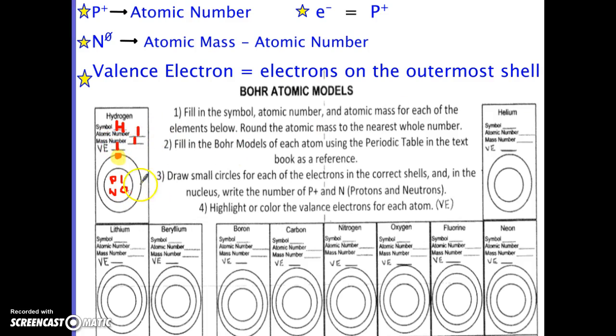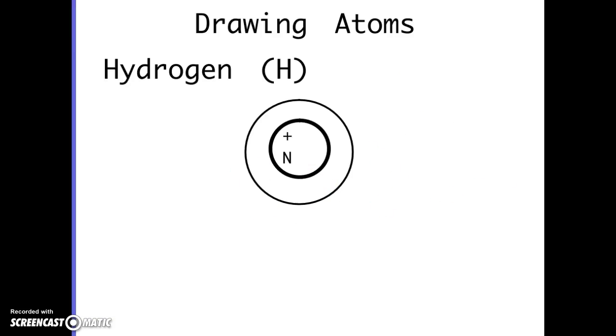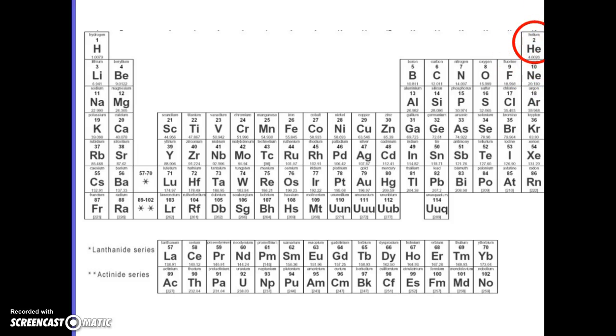That was pretty easy. Let's move on to helium. Helium, if I locate that on my periodic table, is the second element on the periodic table. Atomic number 2, the symbol is He, lowercase e. You'll notice that for all of these elements, if there's 2 letters, the second letter is always lowercase.